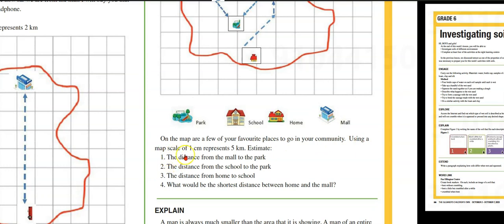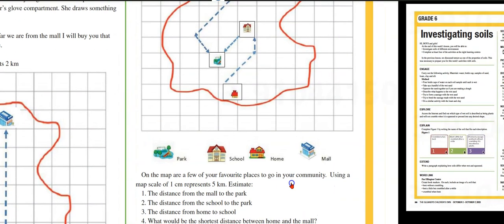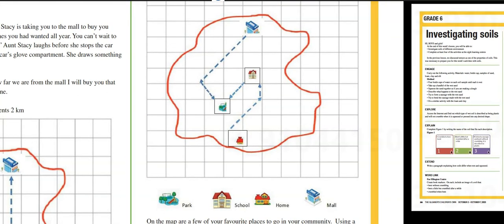Using a map scale of 1 centimeter representing 5 kilometers, estimate the distance from the mall to the park. So this is the mall and we're going to go to the park. This way, all the way. Okay. All right.